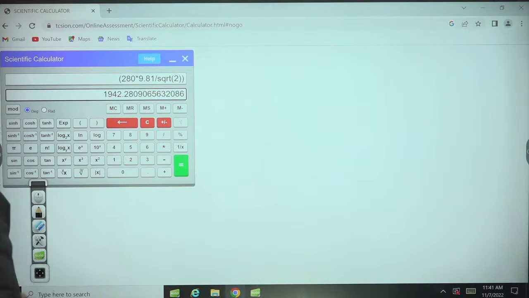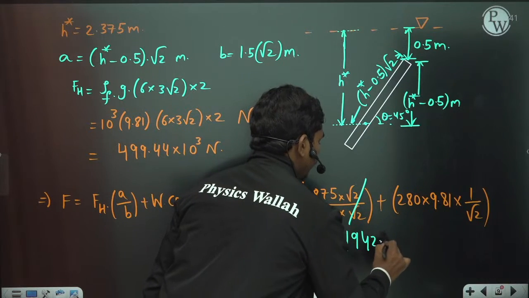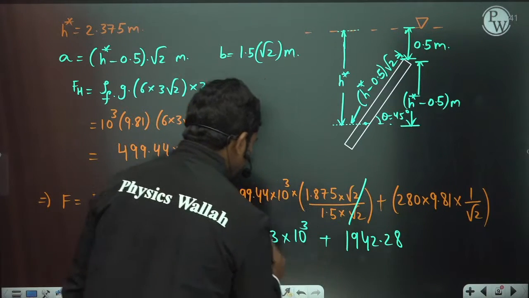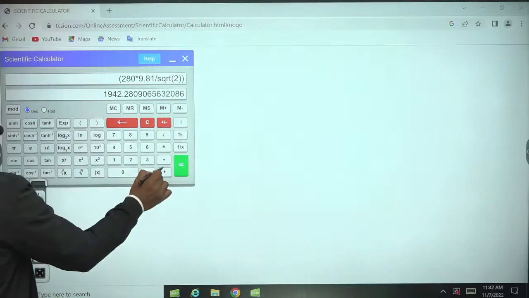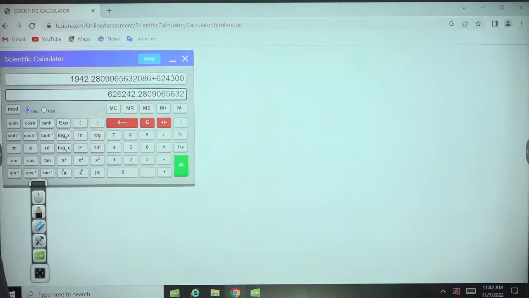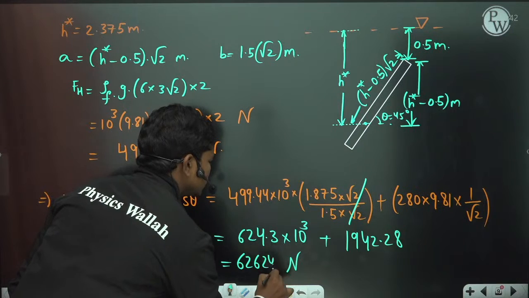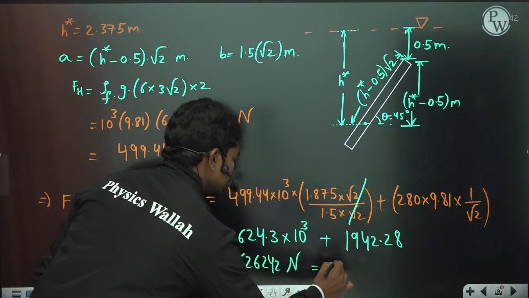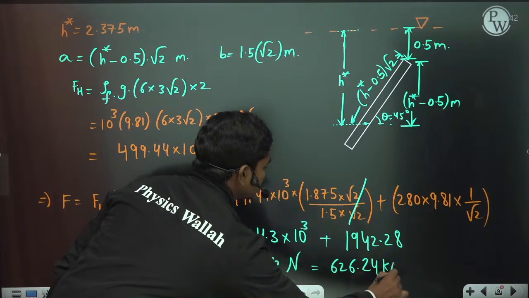So if you add, 626 point something, in kilonewtons 626.24 kilonewtons is what you have here.